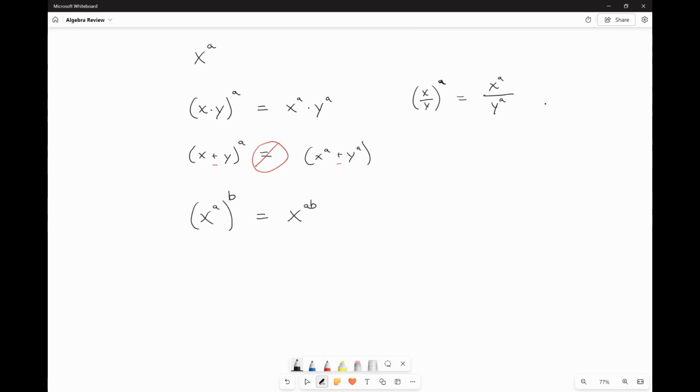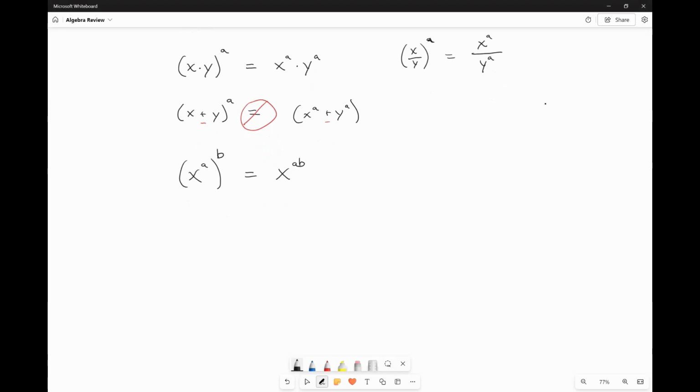All right. Exponents also do interesting things when you have fractions. So I could have x to the a power divided by x to the b power. That would be equal to x to the a minus b.